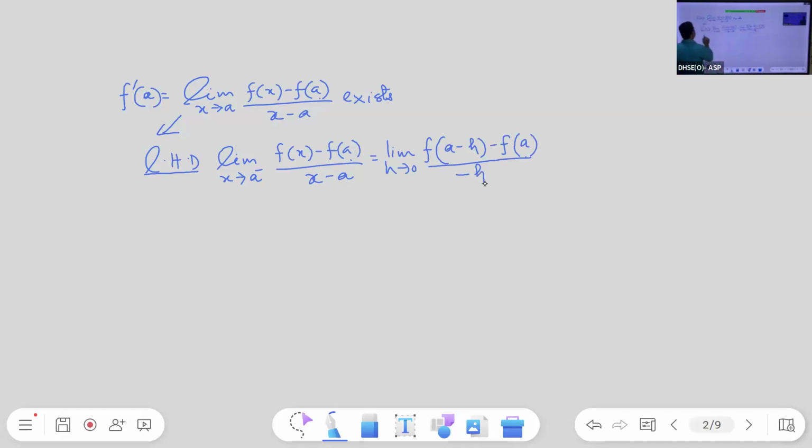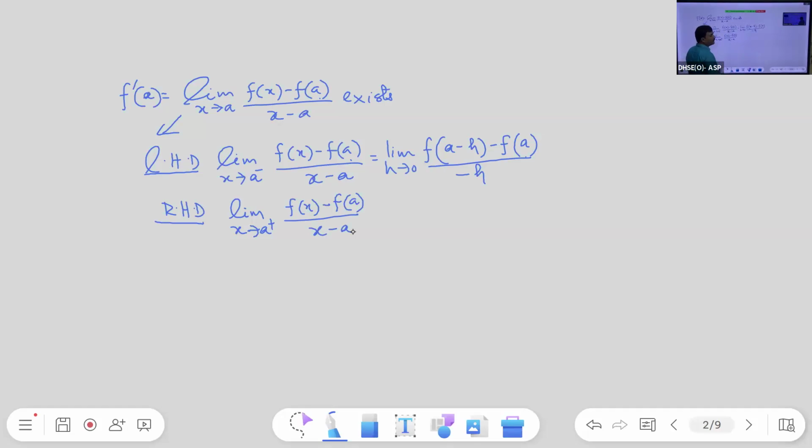And the right hand derivative, RHD, is the right hand limit of this limit. This is equal to limit x tending towards a plus, f of x minus f of a upon x minus a. Now, since x is approaching a from the right hand side, substitute x is equal to a plus h.